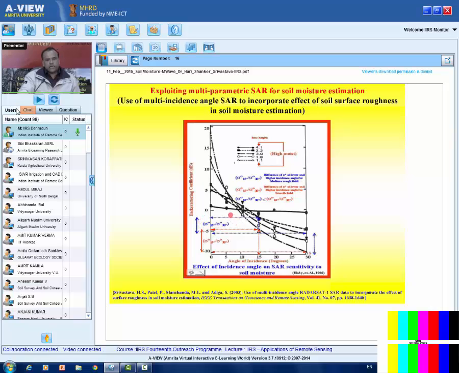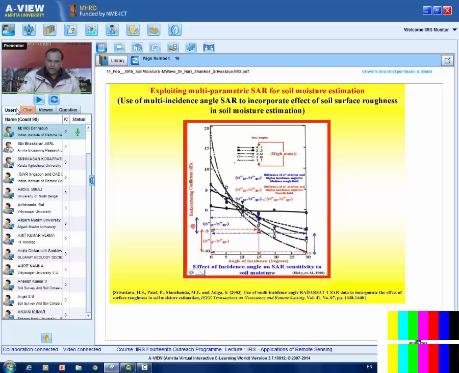So this quantity, sigma naught at low incidence angle minus sigma naught at high incidence angle, is inversely related with surface roughness. Okay, so if I use this term as an extra term in the soil moisture retrieval model, again we can incorporate the effect of surface roughness in the soil moisture retrieval model.